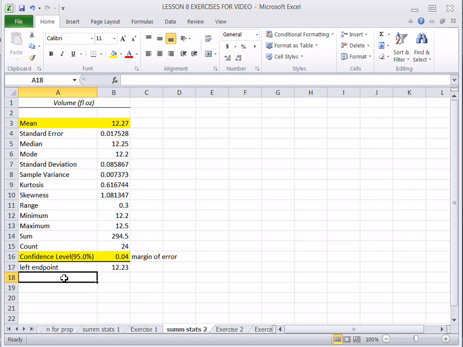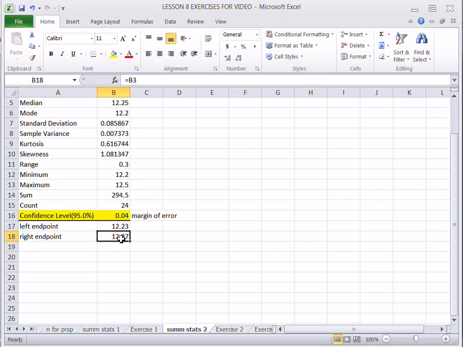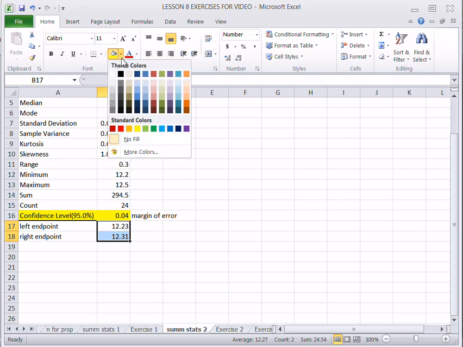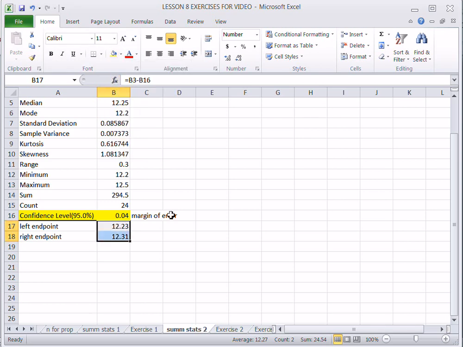And then our right endpoint is the sample mean plus the margin of error. Okay, so we see then our confidence interval, between 12.23 fluid ounces and 12.31 fluid ounces. All right, that's our answer for the confidence interval.